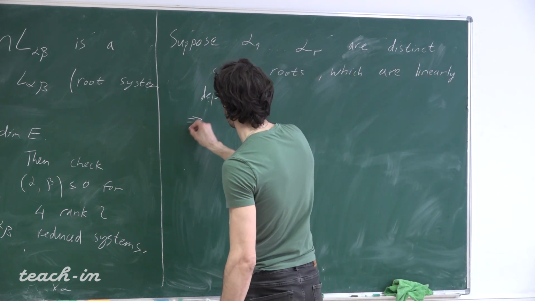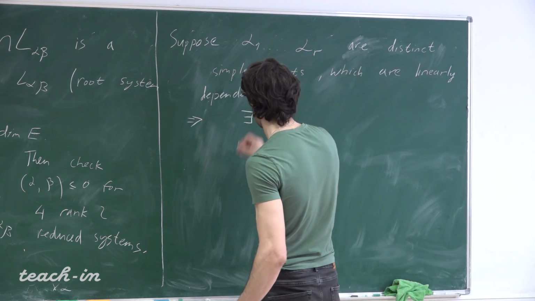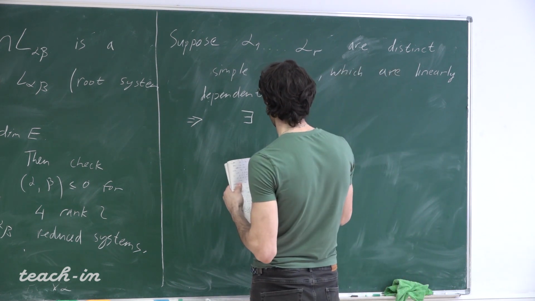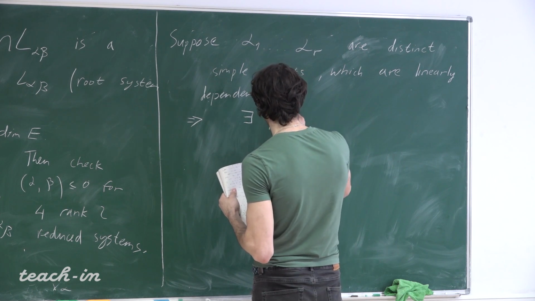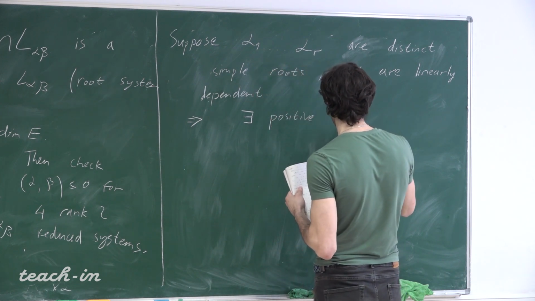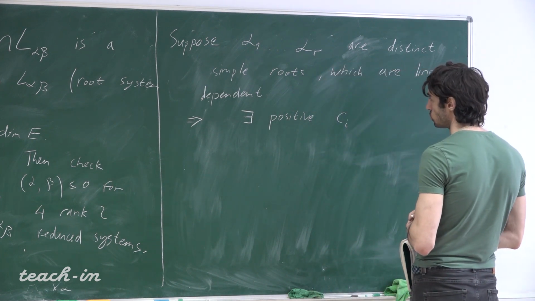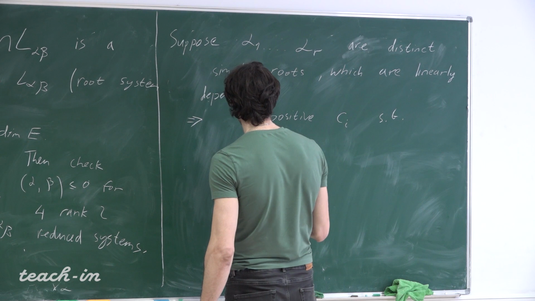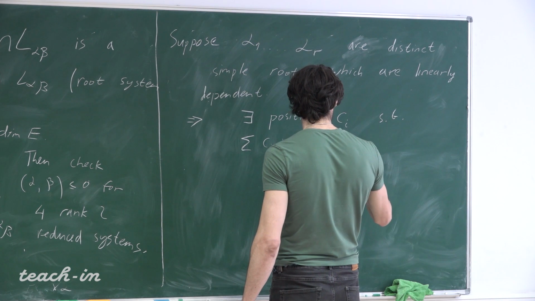Then there exist some positive numbers Ci such that I have the following: sum over Ci alpha i equals sum over Cj alpha j.